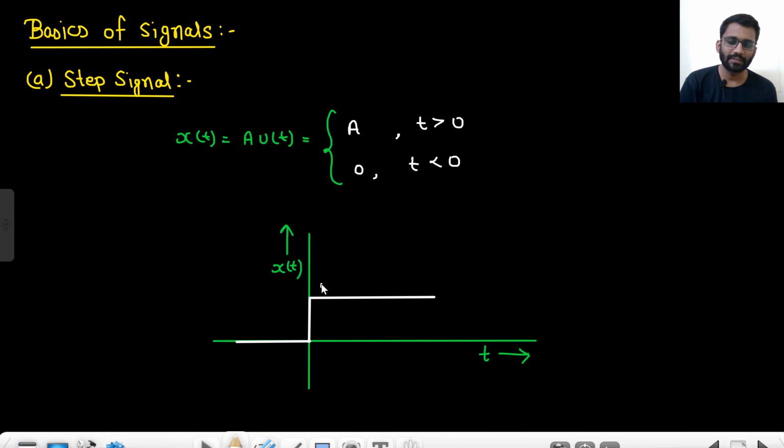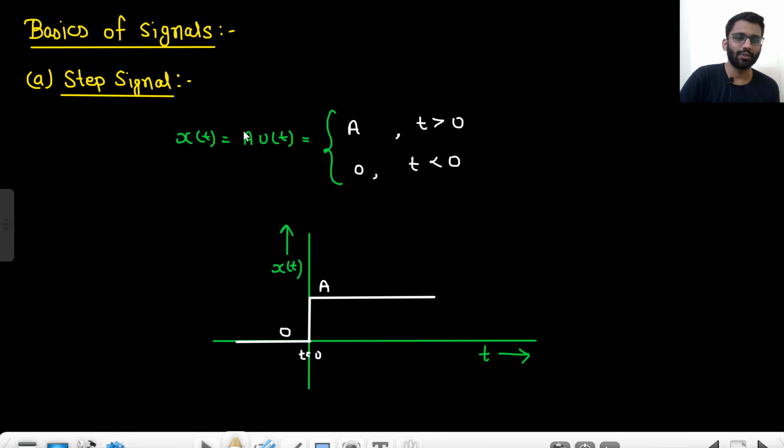What does a step function mean? You are coming from minus infinity, it is 0 0 0 0 0, and all of a sudden you are getting A. So this is your time t equals 0. If it is written A u(t), that means first you are having 0 value, then suddenly you get an A value.